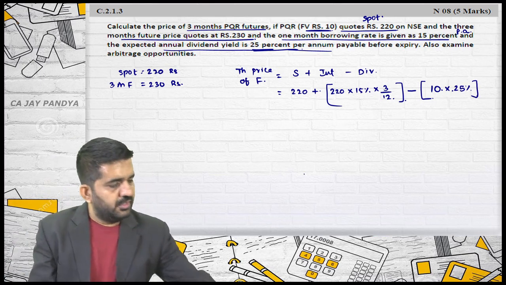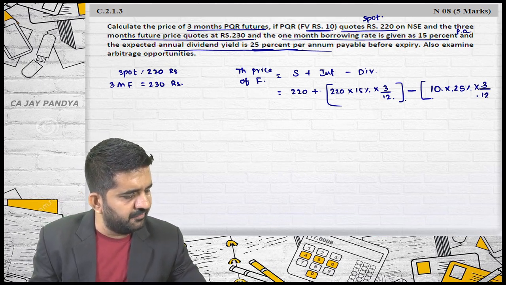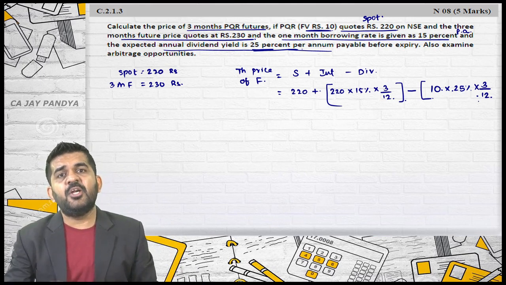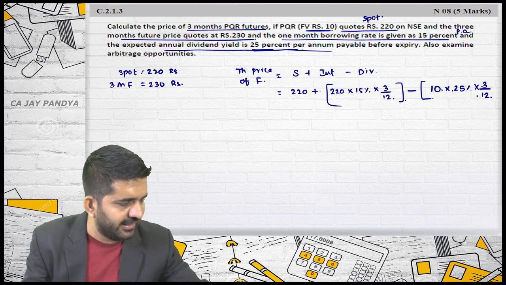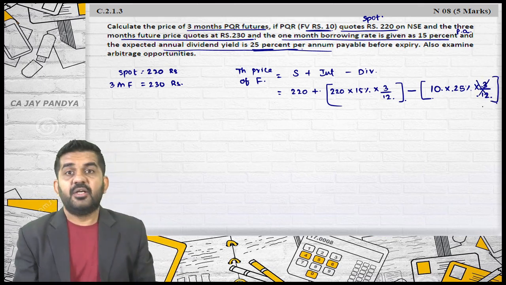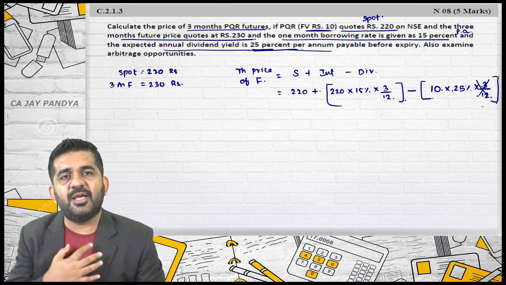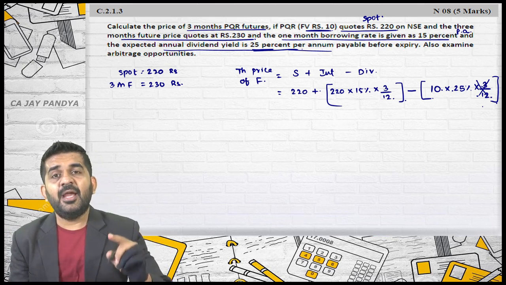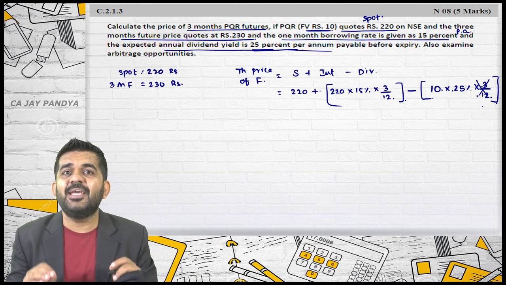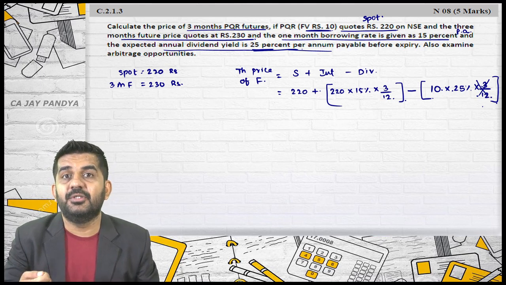Now, this is done perfectly. Why not into 3 divided by 12? Because we are calculating everything for 3 months, then dividend also should be calculated for 3 months. Agreed. But understand, dividend is a point. If you purchase a Reliance share today and the dividend is declared tomorrow, you will not get the dividend of 1 day; you will be getting the dividend of the full year.